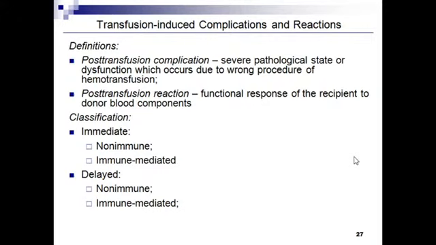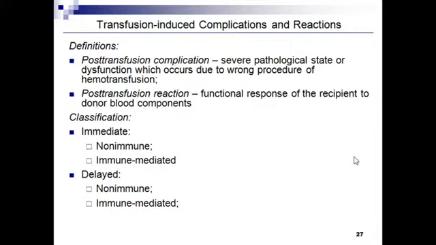Post-transfusion complication is a severe pathological state or dysfunction which occurs due to wrong procedure of hemotransfusion. And post-transfusion reaction is a functional response of the recipient to donor blood components.